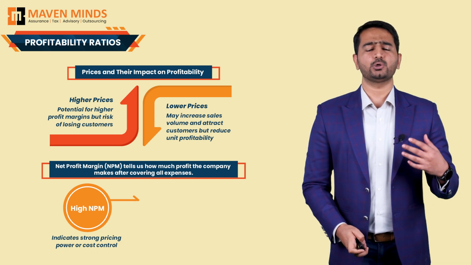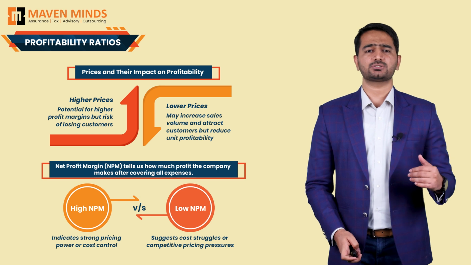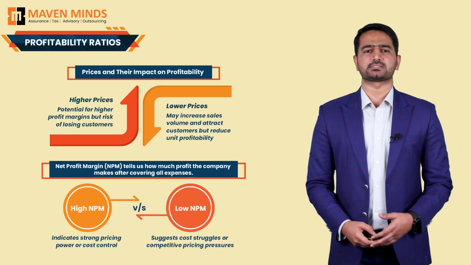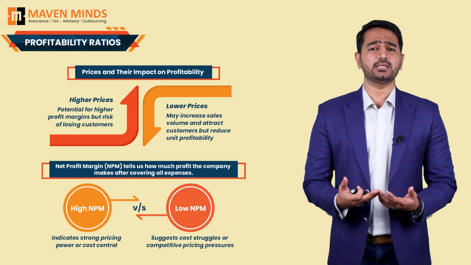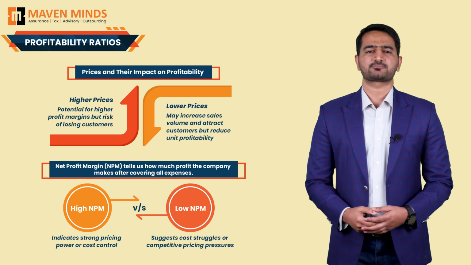Whereas a low net profit margin suggests that the company is struggling with cost or the competitive pressures are forcing lower selling prices. Thus, the pricing strategy plays a key role in determining how much profit is left after all the expenses.